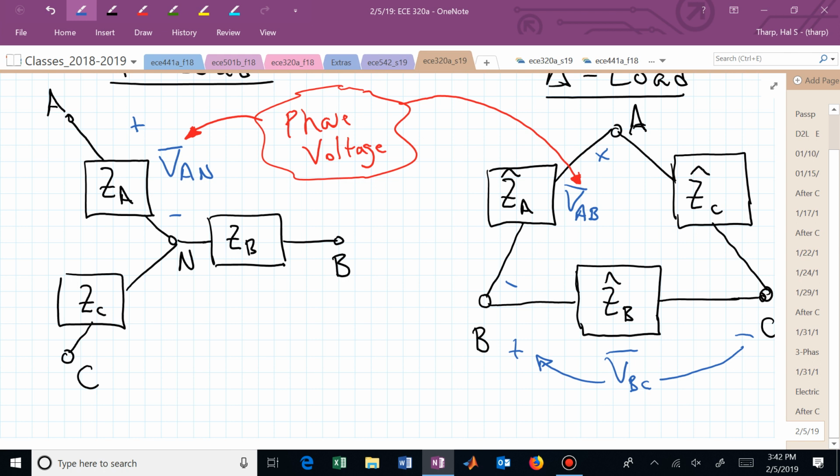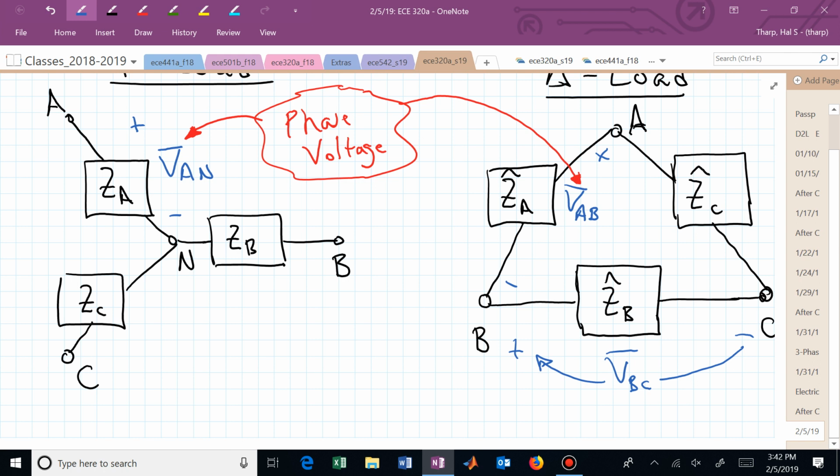What's its phase voltage there? Then it's VAN. That's the voltage across that A phase impedance. That's how we're defining the phase voltage. And I'm trying to make it clear by it pointing to two different things that it's not the same. It depends on your interconnection structure.